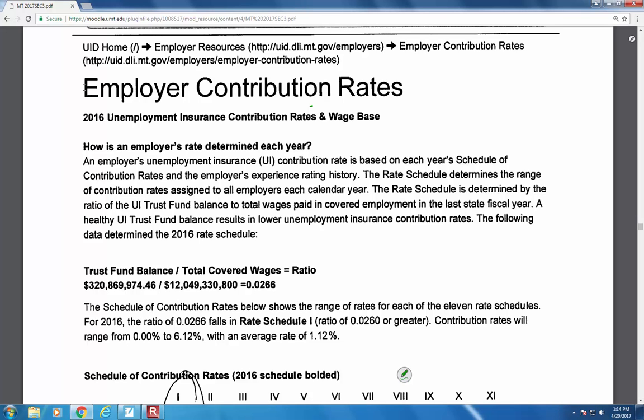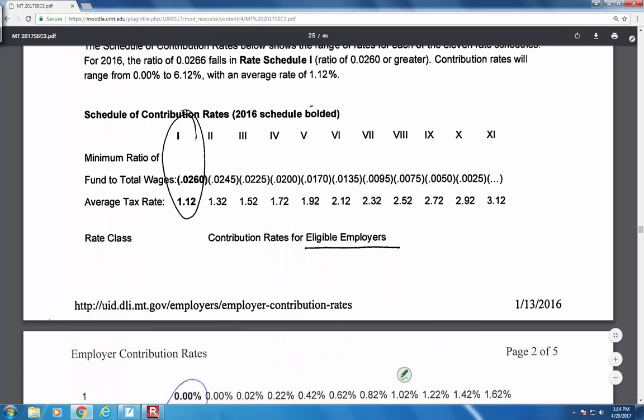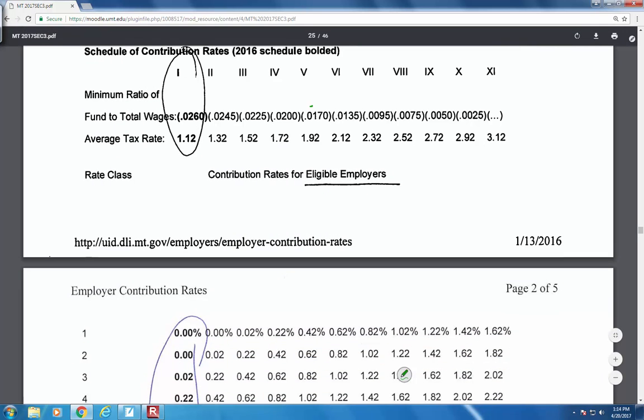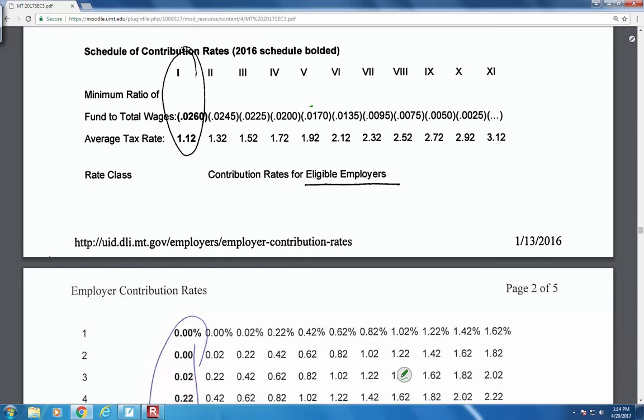When you get that ratio, you don't get that ratio, the actuaries get that ratio, then it tells you which of the 11 schedules will be posted. Stick with me here because it's a little bit complicated. So you don't need to know all these numbers, but here's what you need to know. Once a year, the Department of Labor and Industry goes in, they do these ratios, which basically says what our wages in Montana are and how much we have in the trust fund.